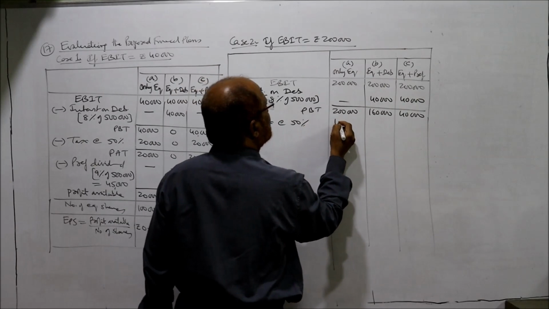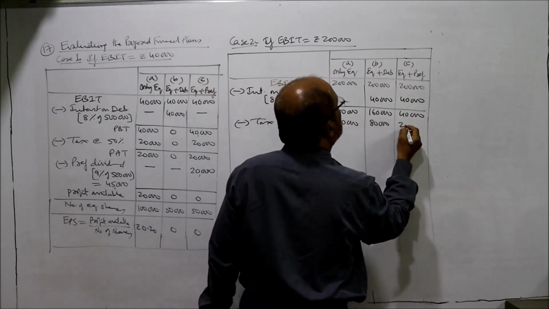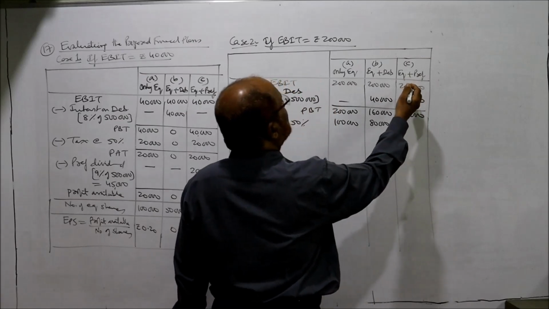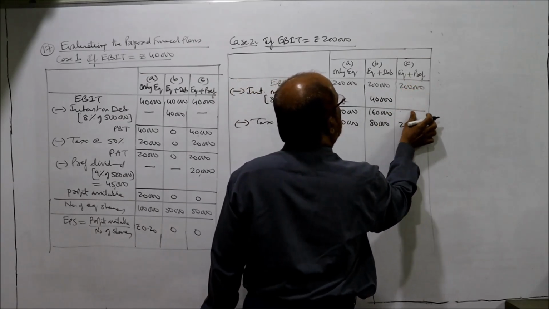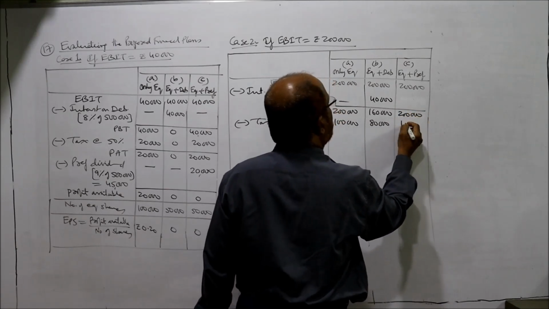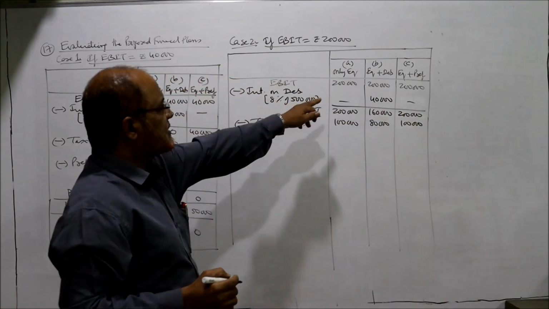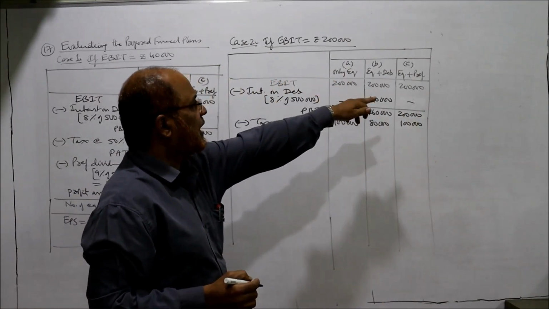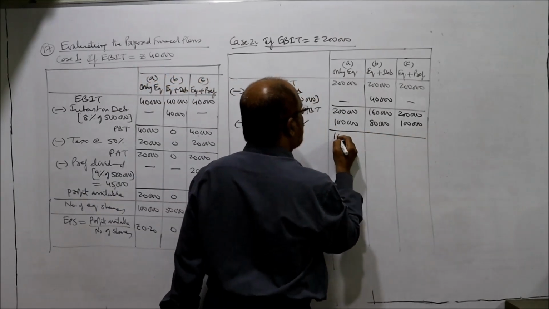Tax 50%, 1 lakh, 80,000 and it is 2 lakh here. Interest on debenture is there only in the second column. Last column we don't have any debenture. 50% tax.